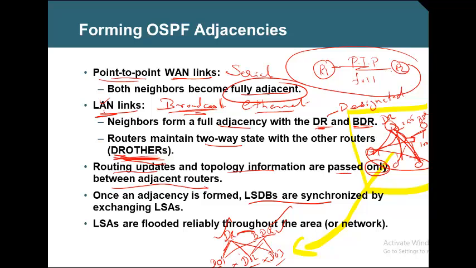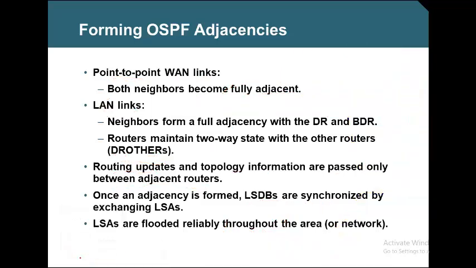Hello packets are sent to a multicast address, both in LAN and WAN, 224.0.0.5. So this will be sent over the wire, whether it is WAN wire or LAN wire. Depends on what all networks you advertise.